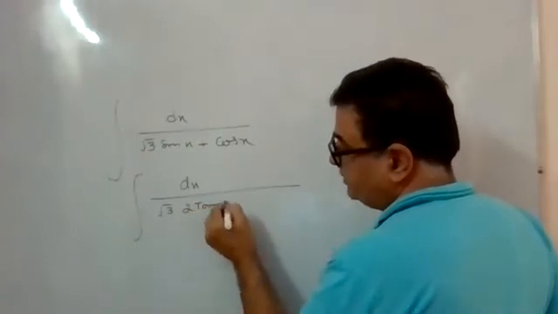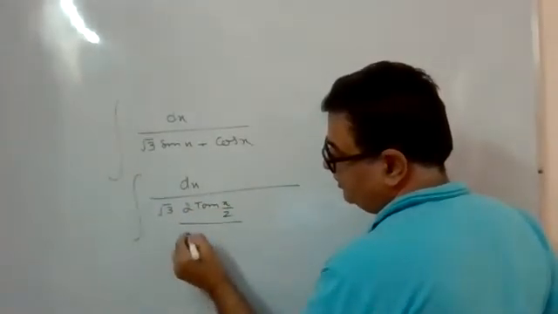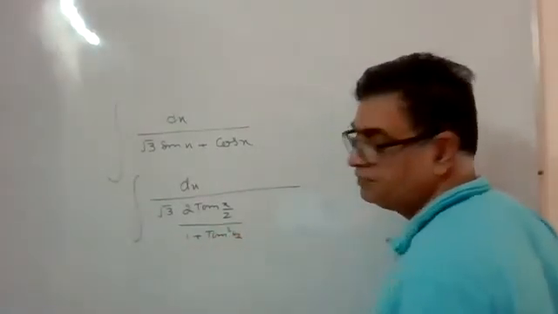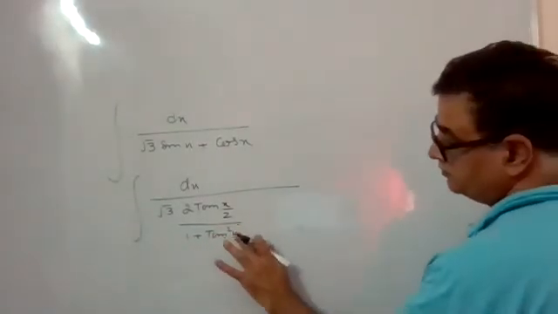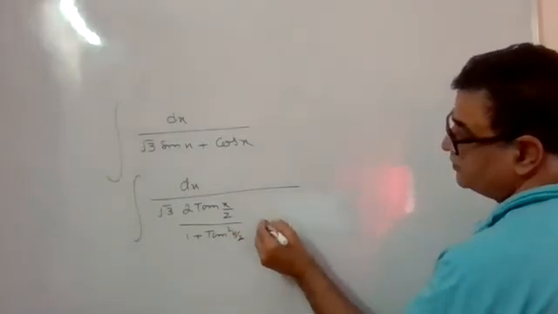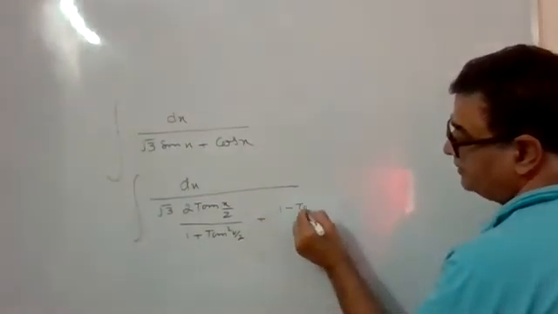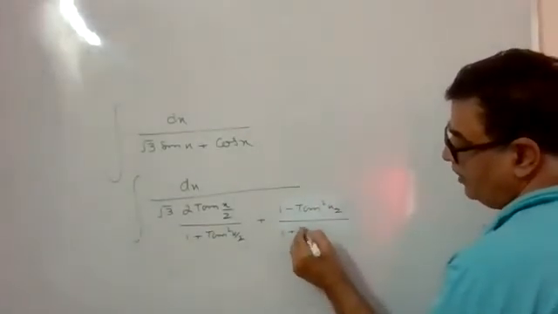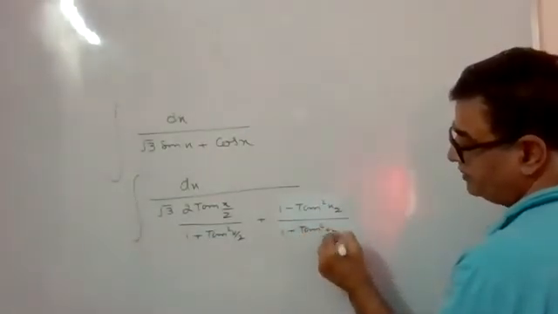Sin x is 2 tan x by 2 by 1 plus tan square x by 2. And cos x will be 1 minus tan square x by 2 by 1 plus tan square x by 2.